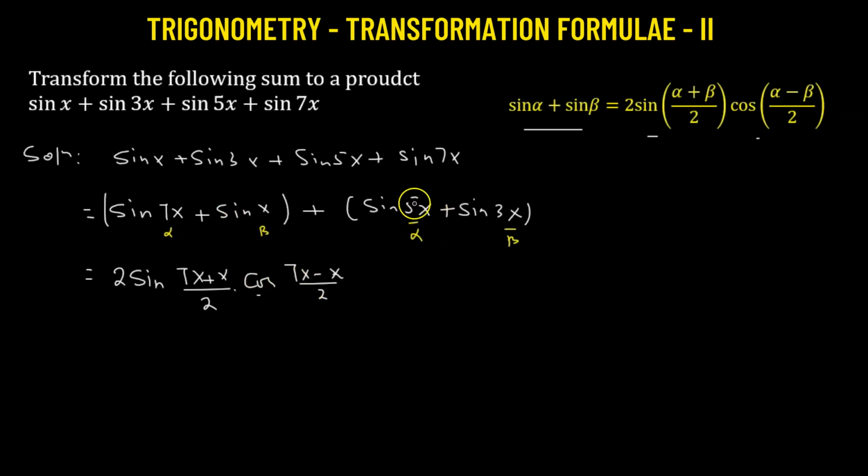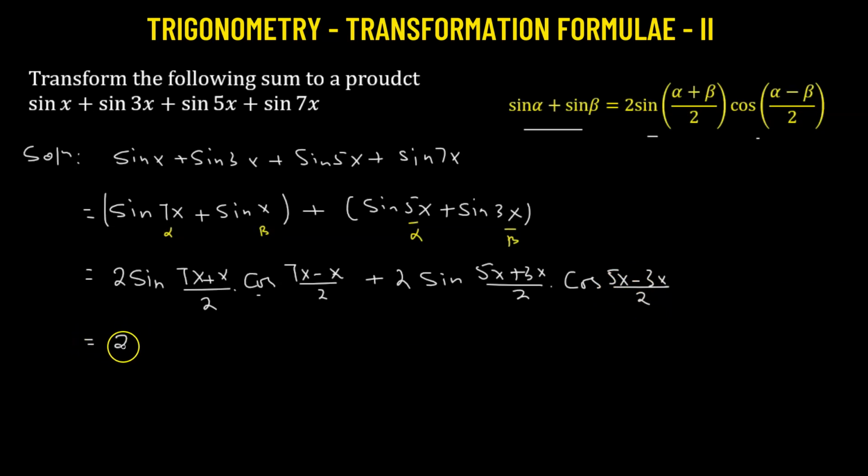Similarly, for the second two sine functions, sine 5x and sine 3x, I've chosen alpha in such a way that its magnitude is greater than that of beta. Okay, now coming to the next one, we have 2 times sine of angle 5x plus 3x divided by 2 multiplied to cosine of angle 5x minus 3x divided by 2.